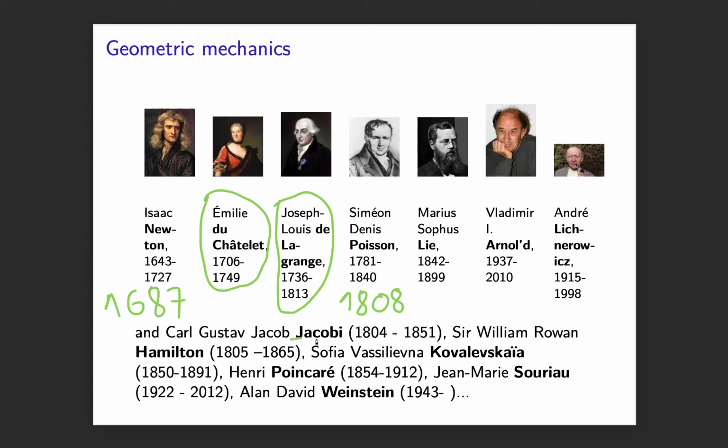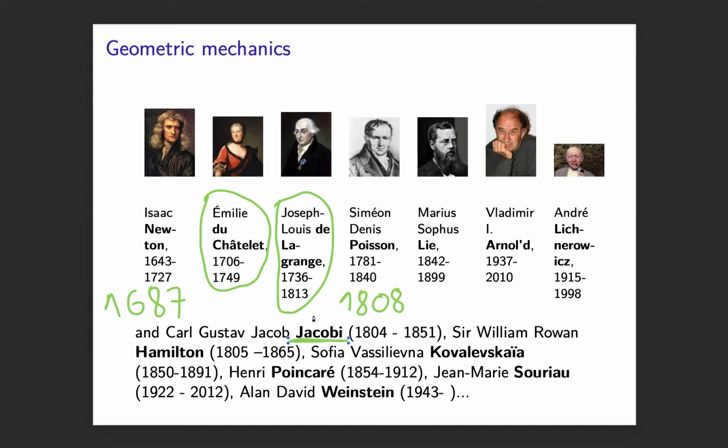So Jacobi, in what is now Germany, it was Prussia in the 19th century, kept on investigating the geometric properties of this Poisson bracket. So Jacobi is the one of the Jacobi identity of the Lie algebra.